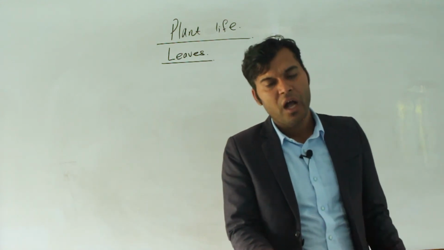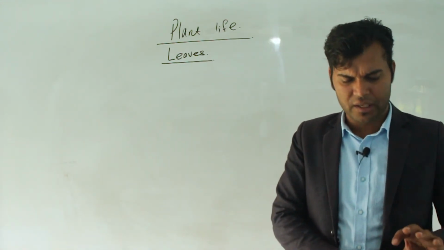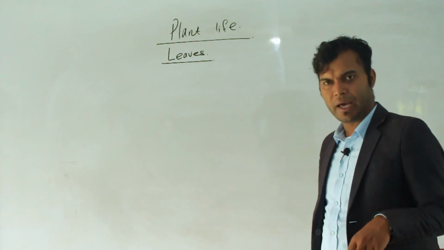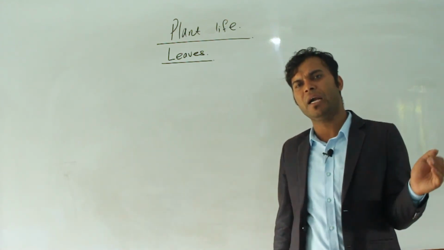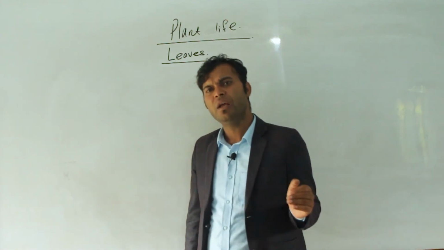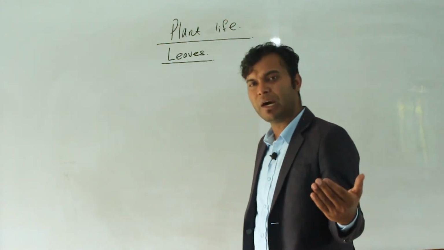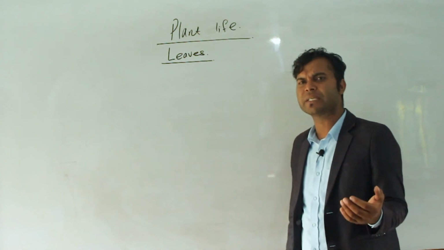Okay, students. Formally, we have completed this lesson, plant life. In this lesson, we discussed the different parts of a plant. Mostly we discussed the types of flowering plants, because you already discussed the non-flowering plants in your previous class 4.